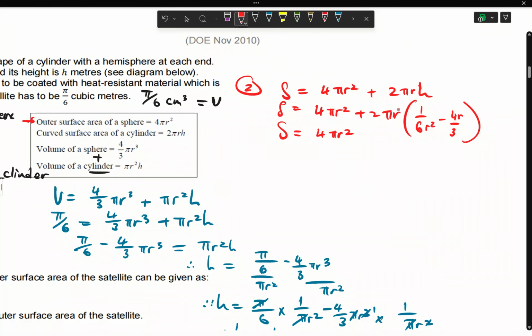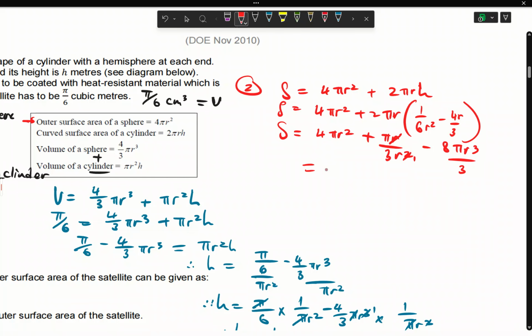So now let's see. This is 4 pi r squared. Let's multiply. When you multiply this to that, you'll have plus pi r into 1 over 6r squared, which will give you 3 r squared. So the r, and then here you're left with 1, and this times that will give you negative 8 pi r cubed all over 3.